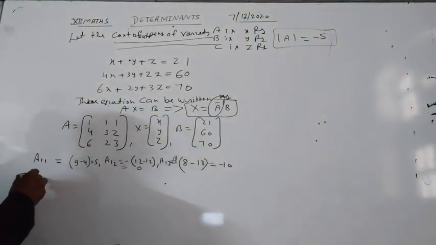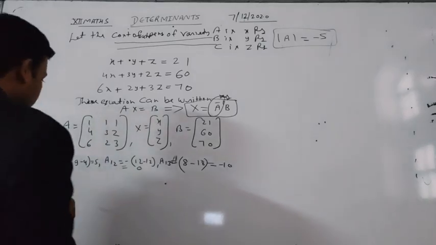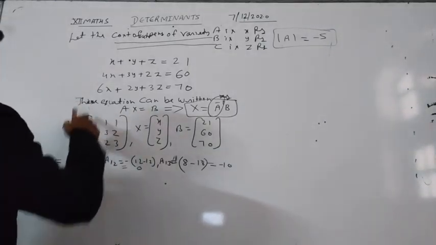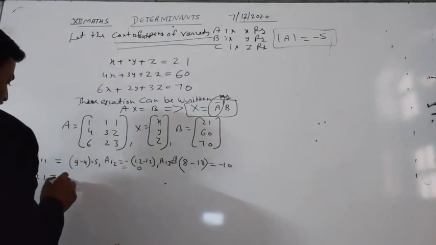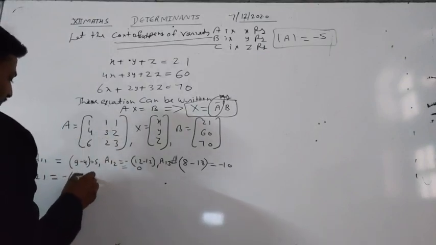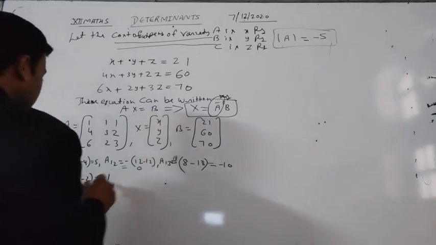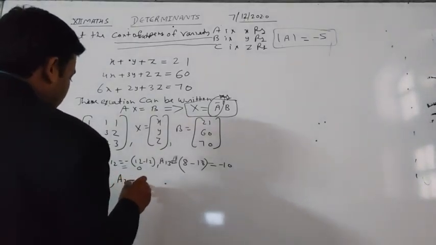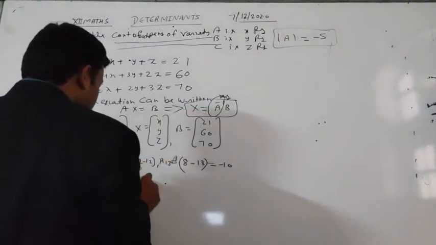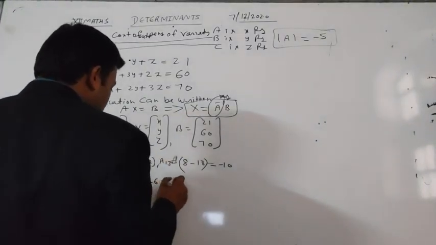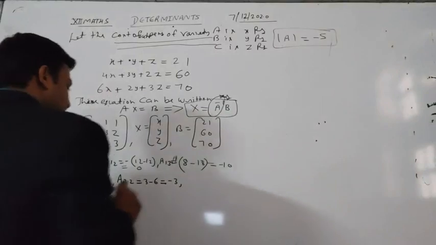A21 has a negative sign, 3 minus 2, which is minus 1. A22 is 3 minus 6, which is minus 3.